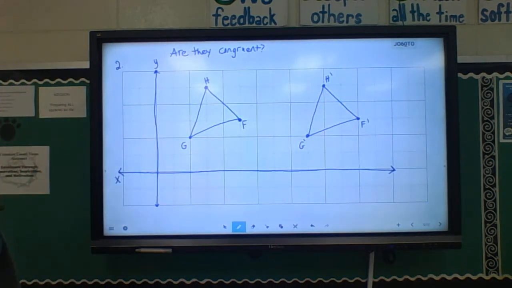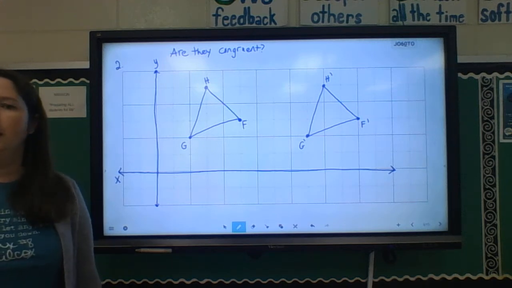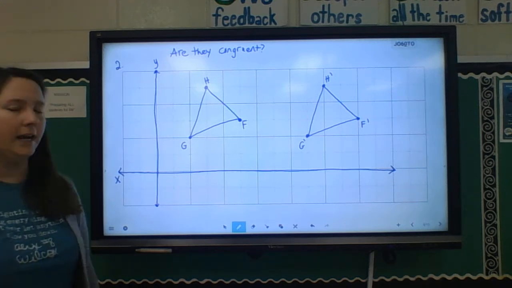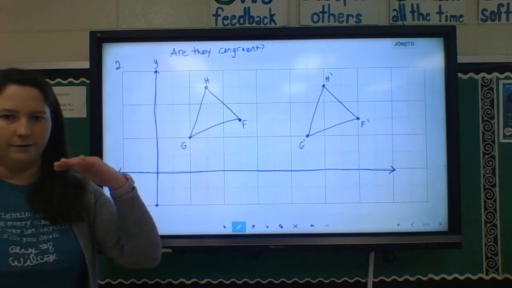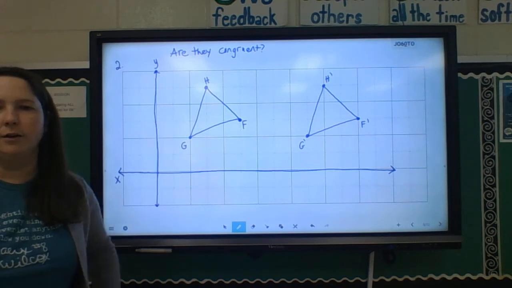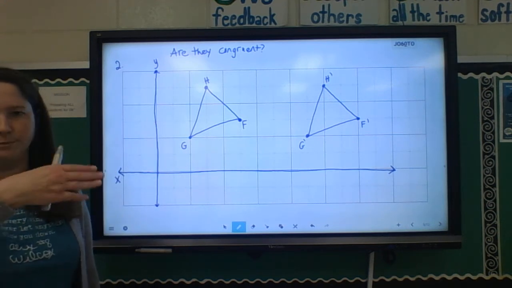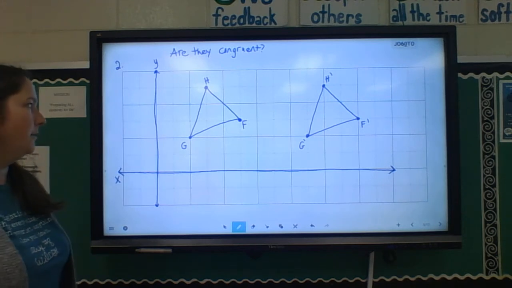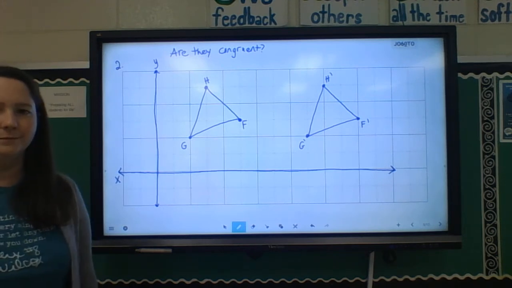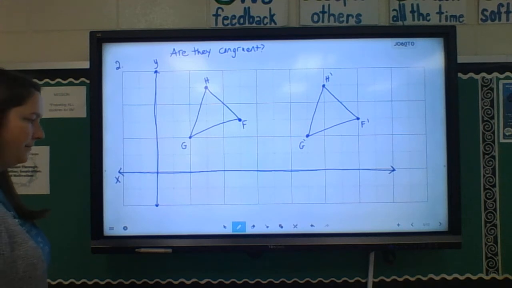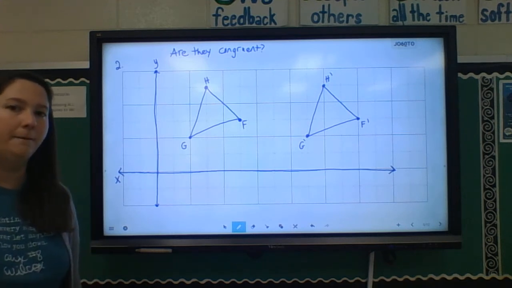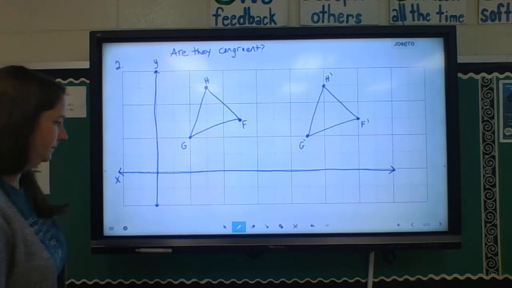Now, sadly, in this problem there aren't any vertical or horizontal lines. So guess what? You're going to have to do the distance formula 6 times.